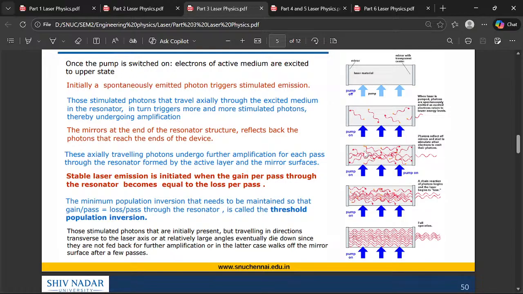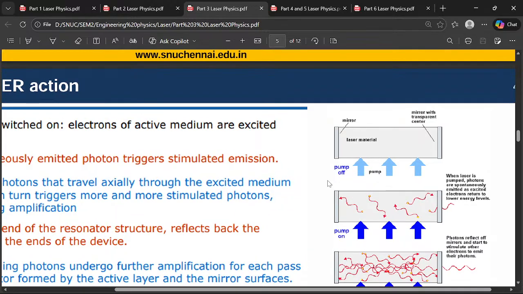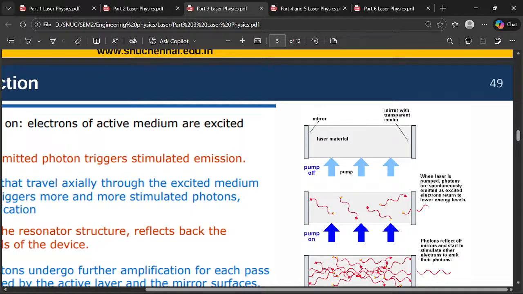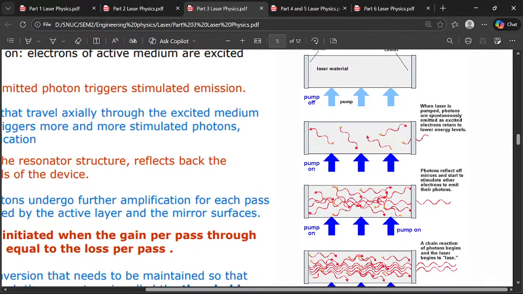As you can see in this diagram, when the pump is turned on, some of those stimulated photons travel.